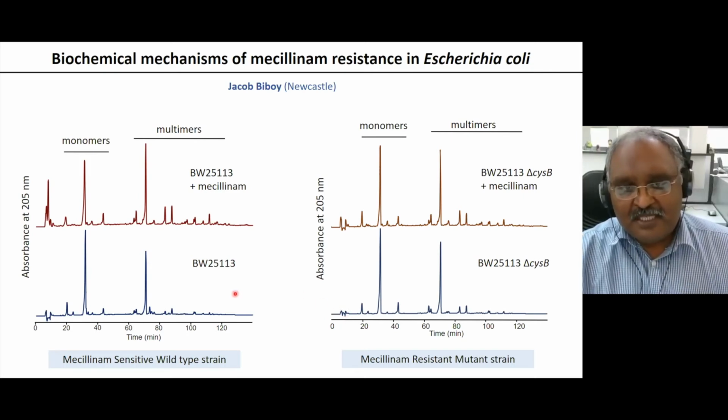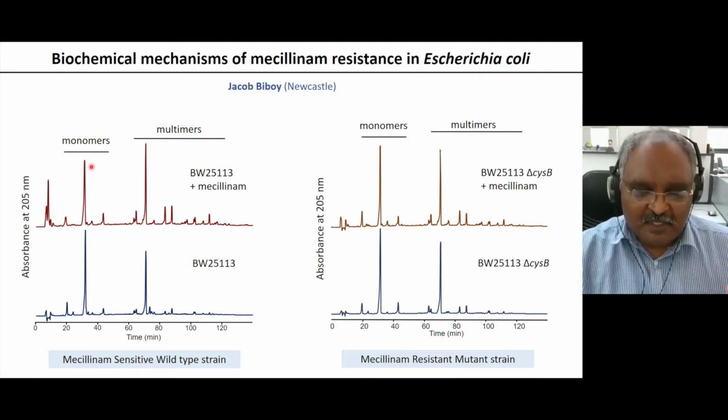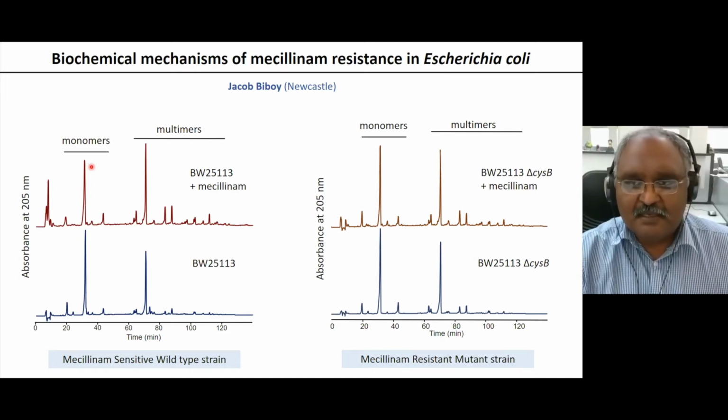And when we treat these with mecillinam, what happens is that the monomers are reduced. Monomers are basically single glycan moieties with the peptides attached, and multimers are where they are cross-linked to each other.